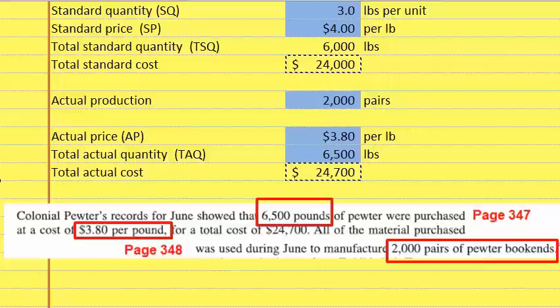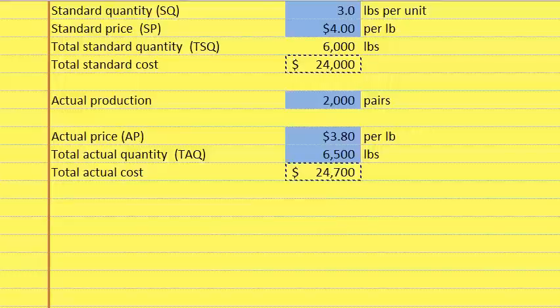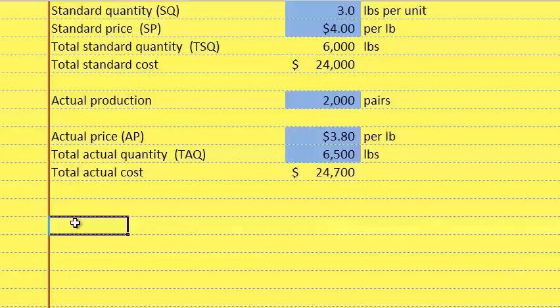Now let me get this actual information out of the way. And let's take a look at some comparisons. Let's first of all compute the materials price variance. And the formula for the materials price variance looks like this. It arises because of a difference between standard price and actual price.